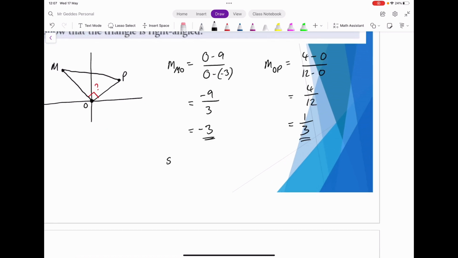We can now say, since the gradient of MO multiplied by the gradient of OP equals -1, the lines MO and OP, I should say, are perpendicular.